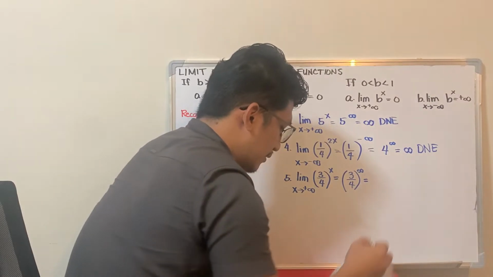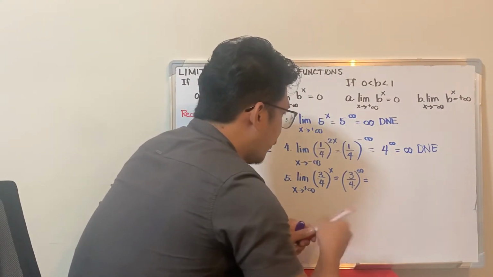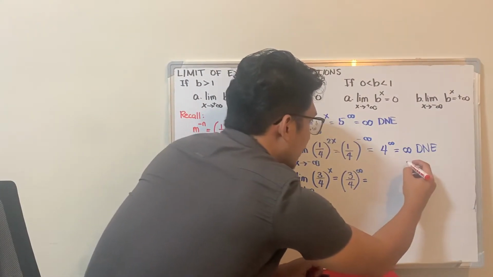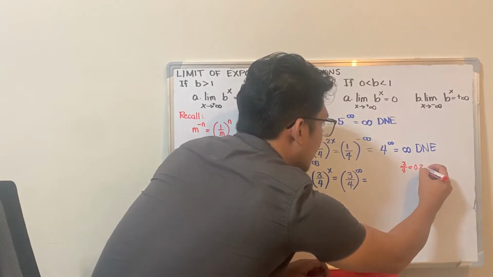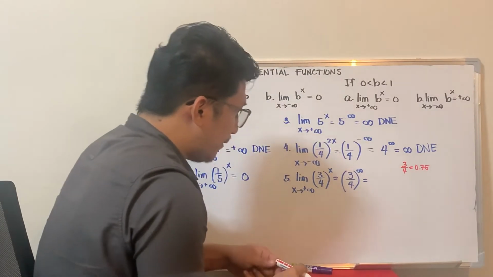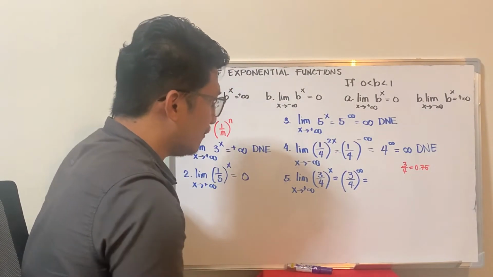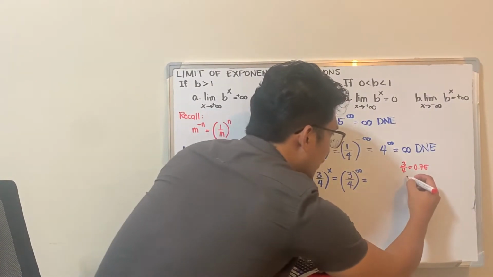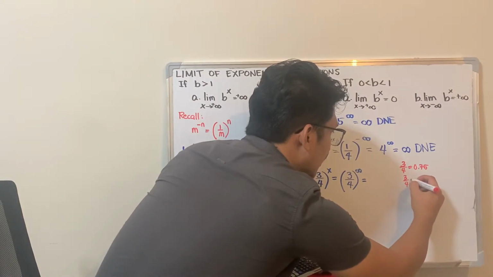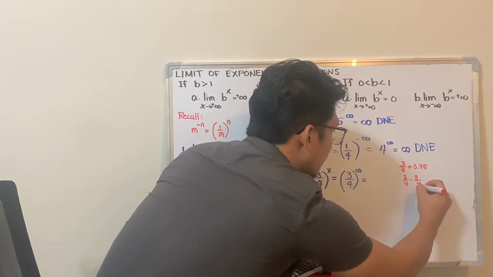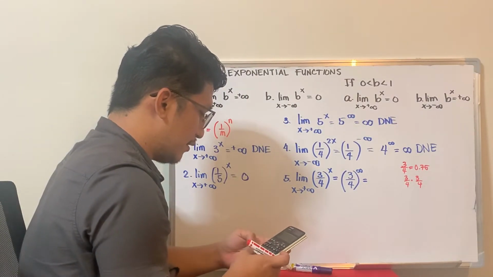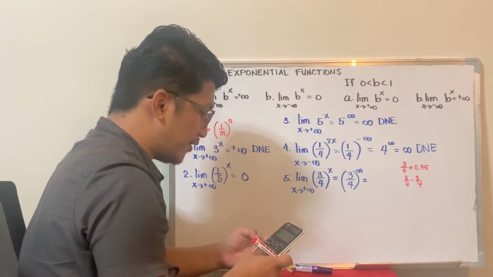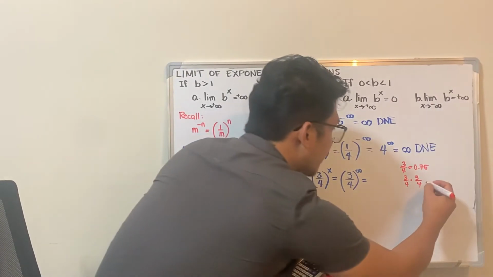3/4 in terms of decimals is equal to 0.75. Now, if you multiply 3/4 by itself, if you make it 3/4 times 3/4, that's of course 9 over 16, in decimal 0.5625.